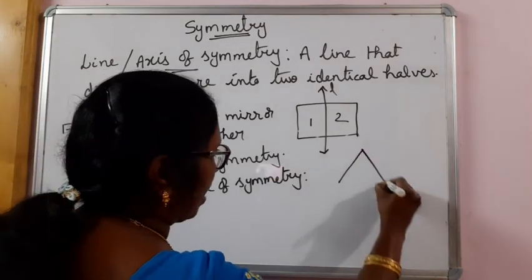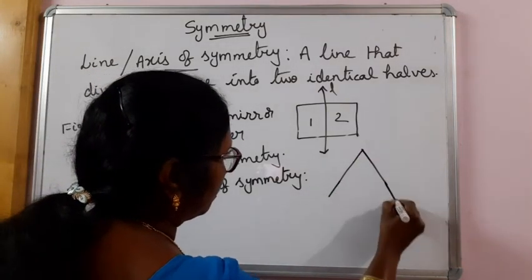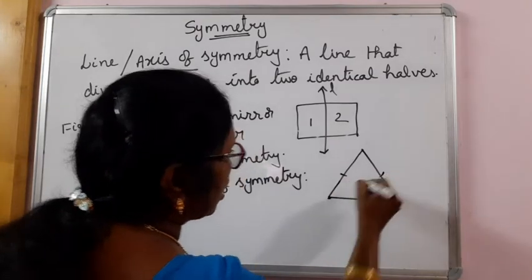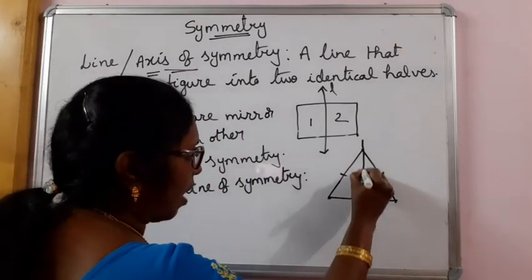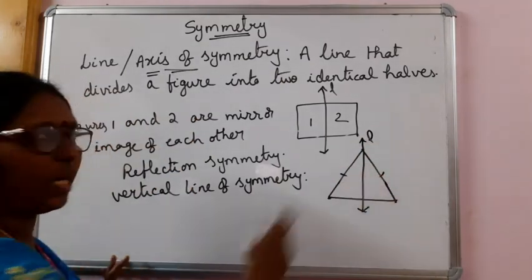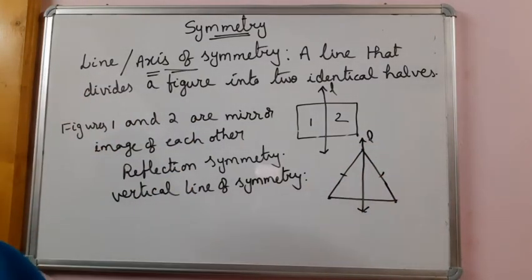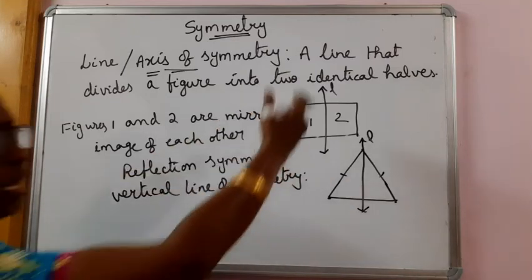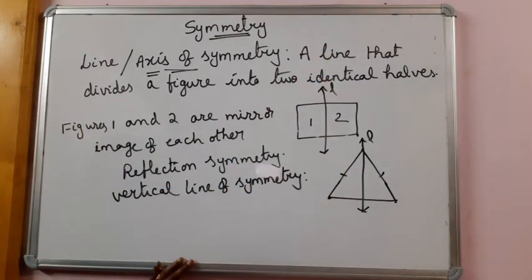Suppose this is a triangle where these two sides are equal. Now this line L divides this triangle into two equal halves. So this is the vertical line of symmetry because this is the vertical line.